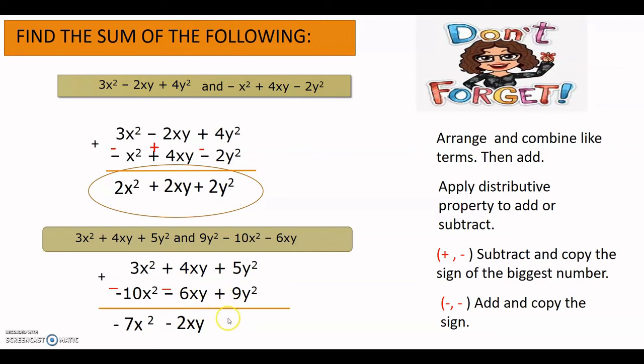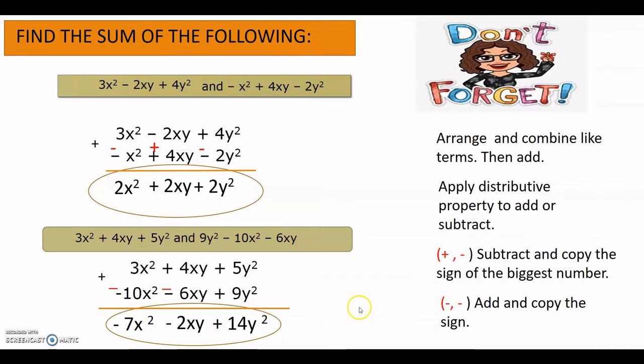And for our third term, we have 5y squared plus 9y squared. Since they are both positive and positive times positive is positive, we will add and copy the sign. So 9 plus 5 is 14. So we have 14y squared. This is our final answer: negative 7x squared minus 2xy plus 14y squared.